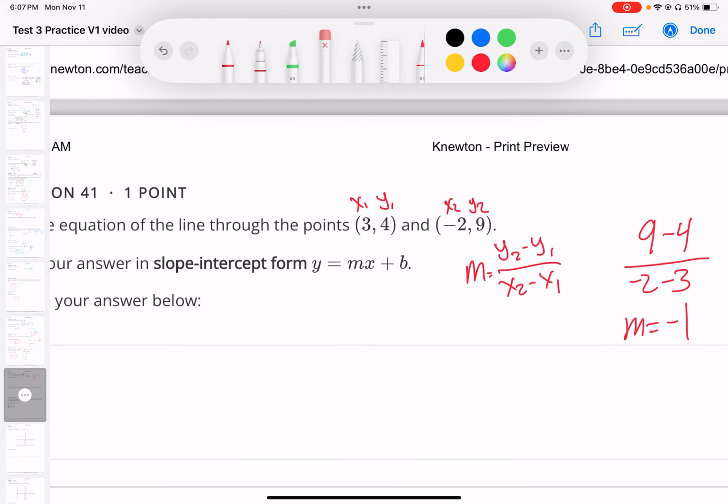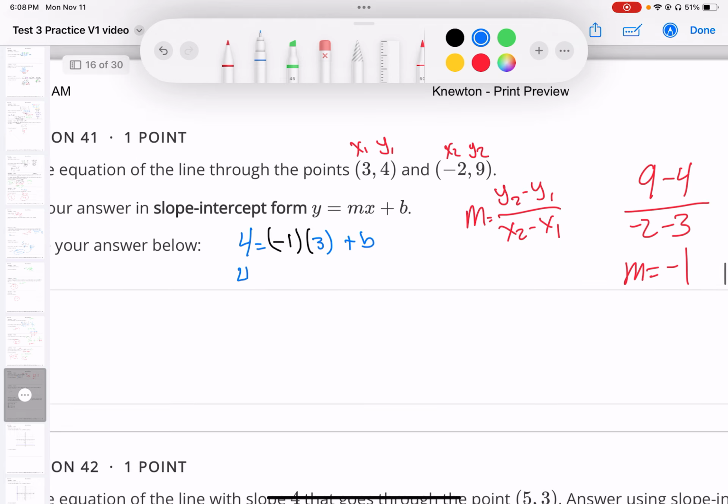So just choose one of your points. I'm going to choose the first one. So I've got my y value is 4. That's going to equal my m value, negative 1, and my x value is 3. And I'm going to add b. Sorry about all the color changing here. I got 4 equals negative 3 plus b. I'm going to add 3, add 3.